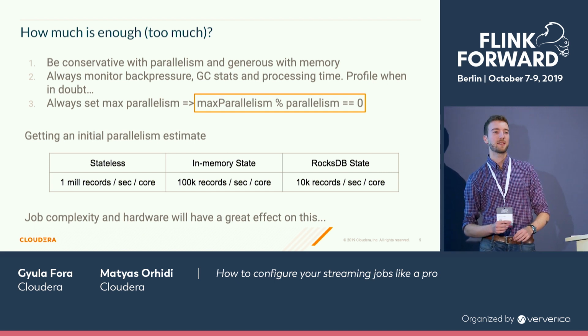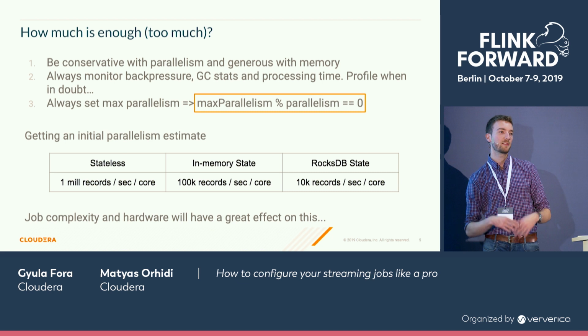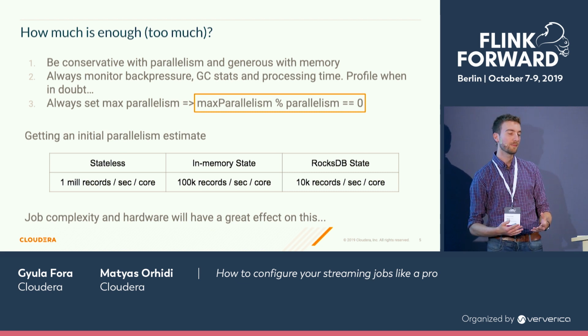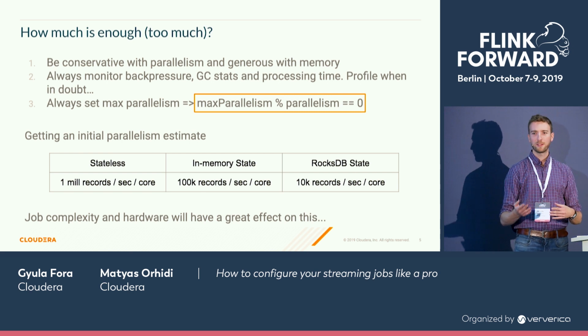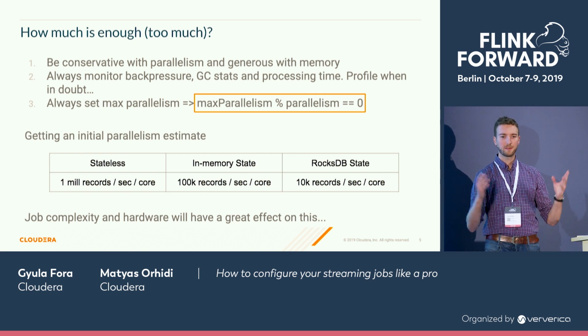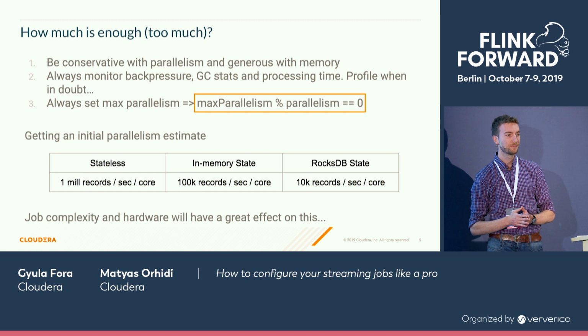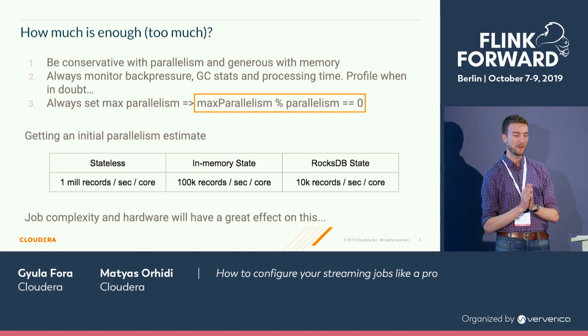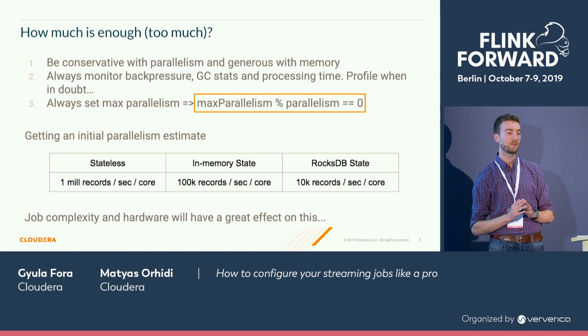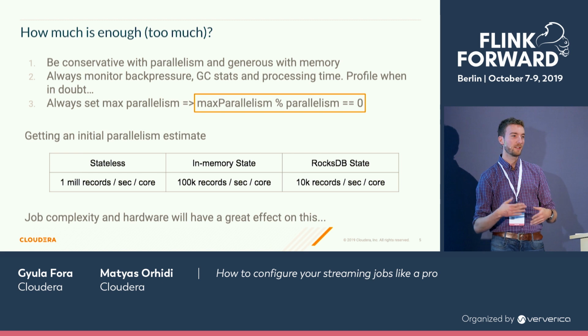One thing that you should always set when you run a Flink application is the max parallelism of your application. Flink comes with a default setting of 128 for smaller parallelism jobs and some higher number for larger jobs. But first of all, it's important to understand what max parallelism means in the context of a Flink job. On one hand, it means what the name suggests.